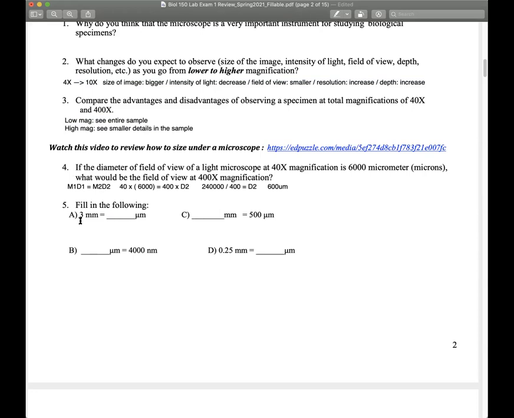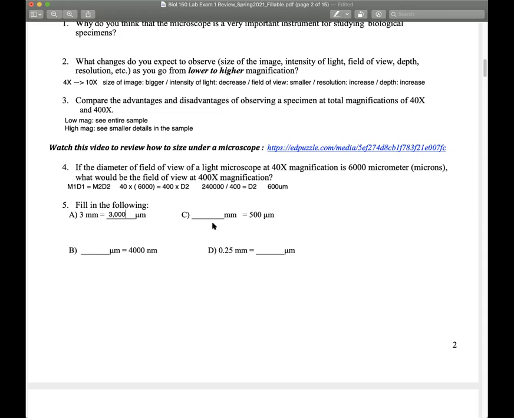So 3 times 1,000 becomes 3,000 micrometers. So we're going from a larger unit to a smaller one. Larger unit means a smaller number. Smaller unit, you have a larger number.